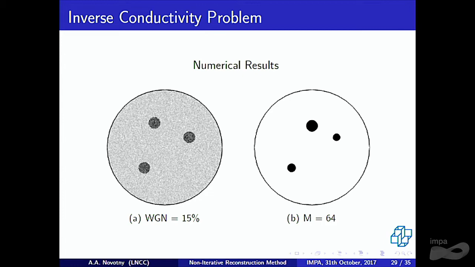There's some discrepancy here on these 2 inclusions. The location of these 2 is okay. This one, there is some deviation, but it's acceptable. With 20%, it's complete degradation. So this is more or less the bound of the method.